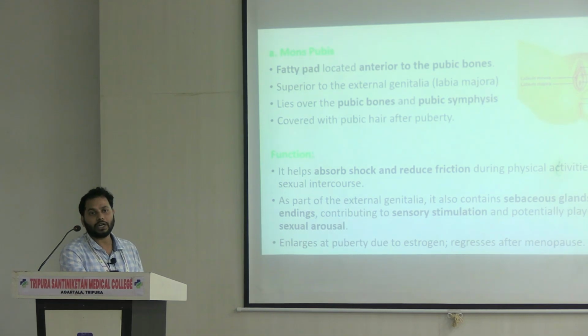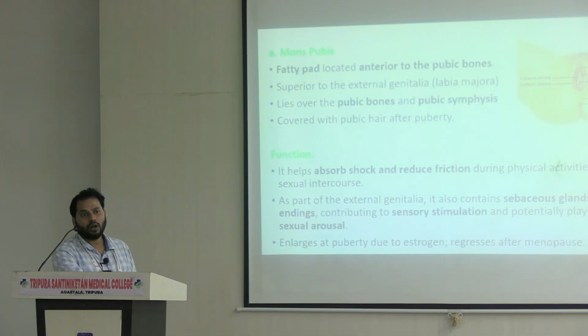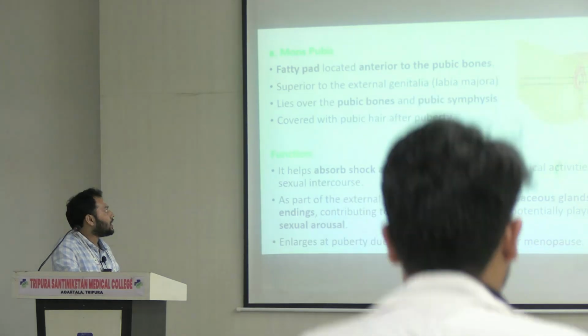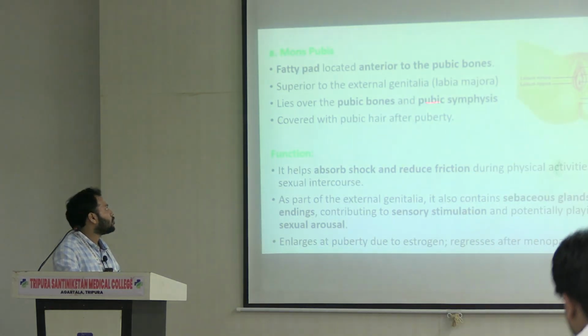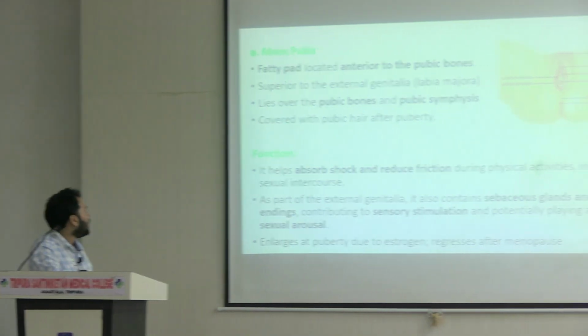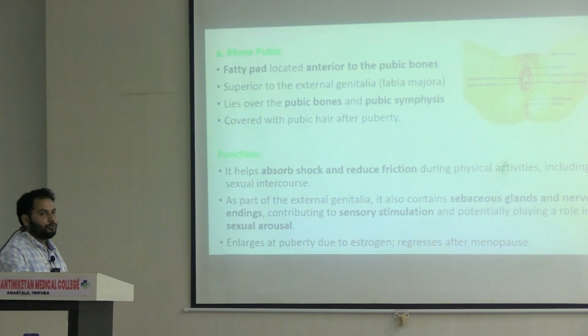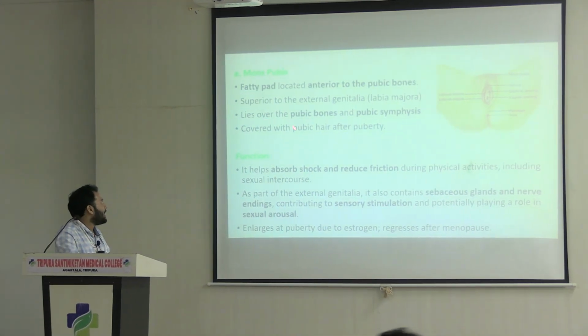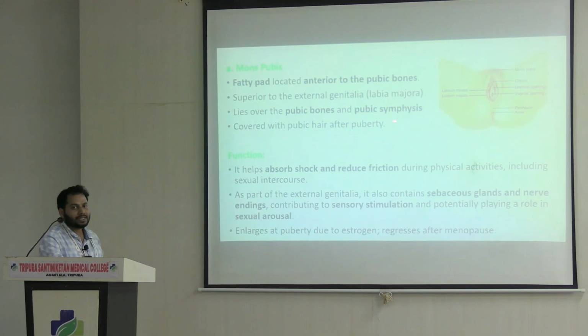The most important type of tissue present in this Mons Pubis is fat tissue or adipose tissue. And it is superior to the Labia Majora. If you see the exact location of this structural part, it lies over the pubic bones and pubic symphysis.